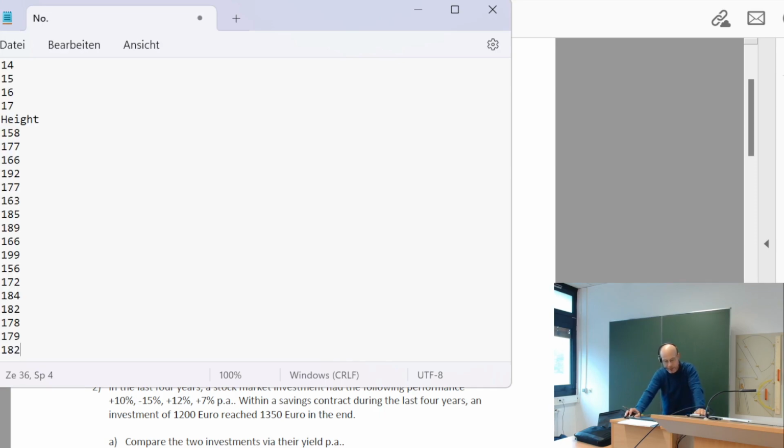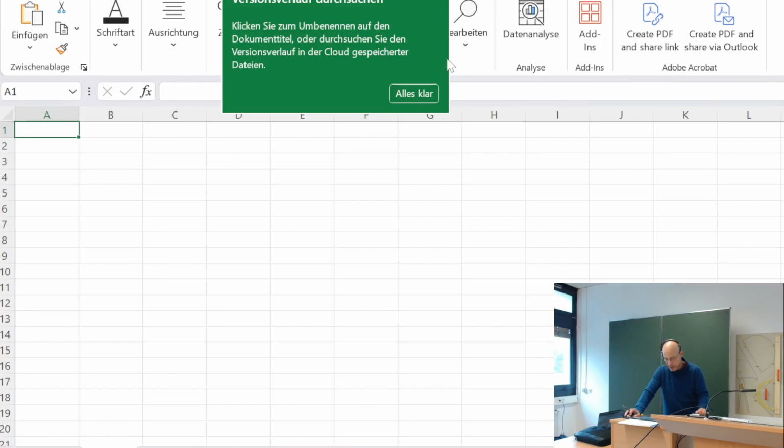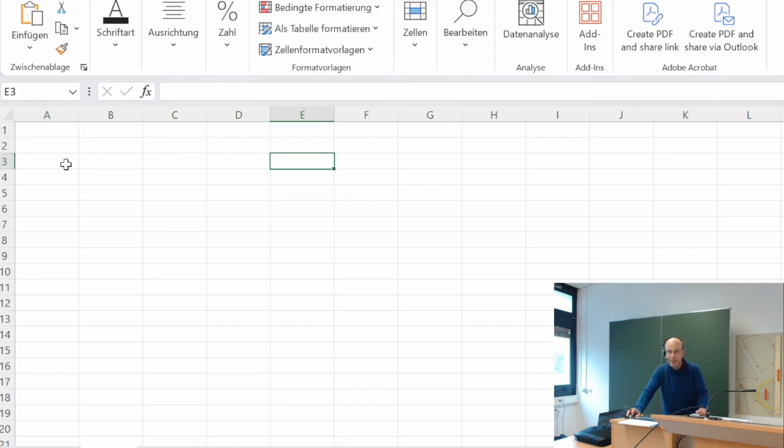If you put the numbers in there, you will see that there is some format to it. The numbers are just in a row, and you always have to try what it is doing.